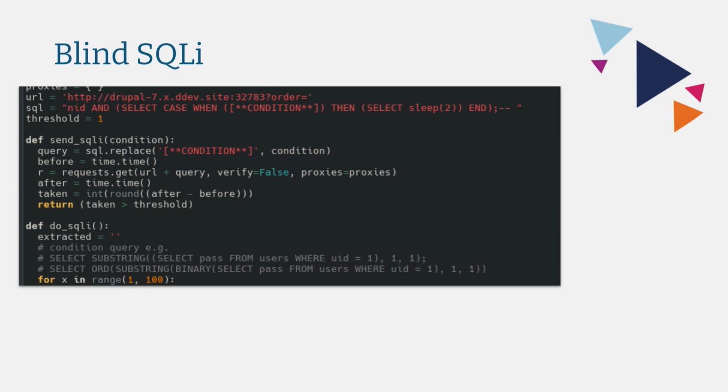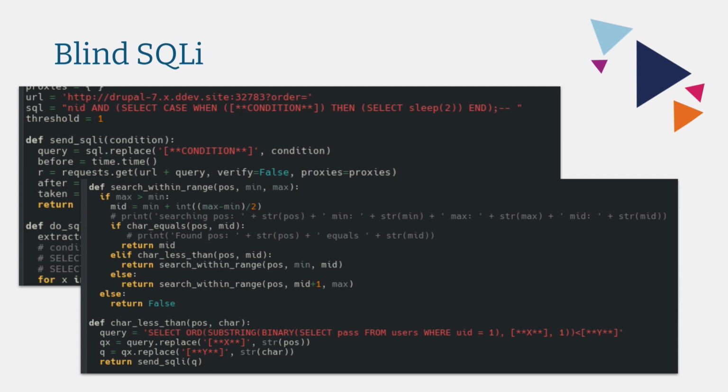So this is a blind SQL injection, where it's almost like you get the opportunity just to ask the site a binary question, a yes or no question. This is an example of a Python script which will iterate through the entire password hash in the database, and keep asking the site, is the next character greater than X in the ASCII table.